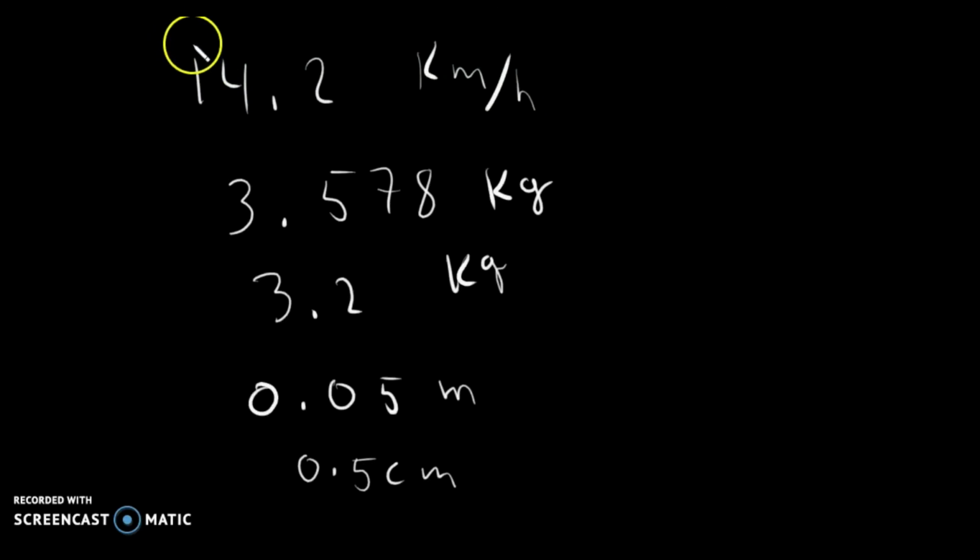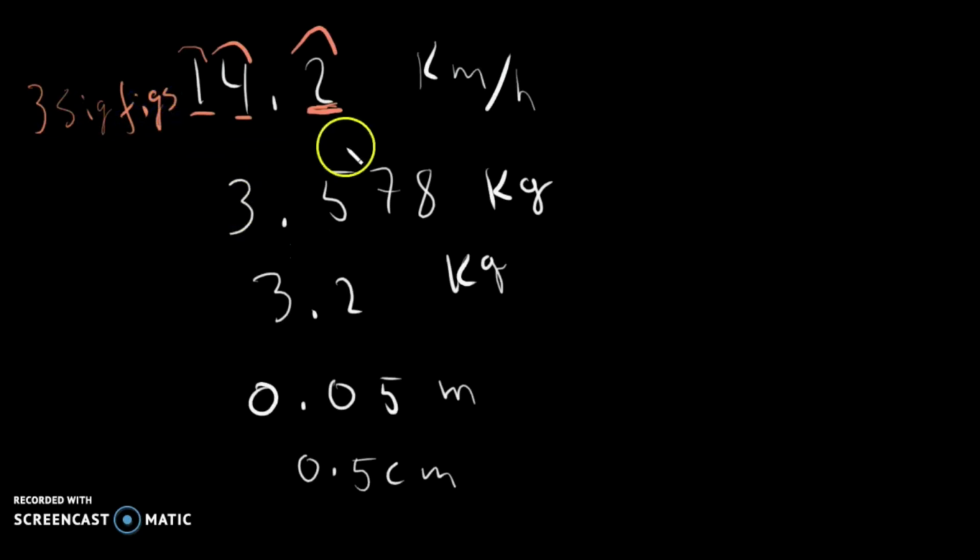Let's count how many digits we have until the last digit that we have written down. So we have 1 digit here, 2 digits here, and this is the last digit that we have, right? So that means that these two are for certain, and this is where the error might be. That's where the uncertainty is, right? So we have then 3 significant figures.